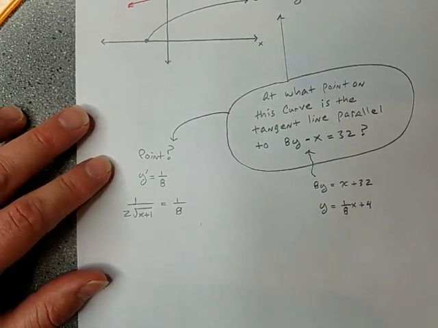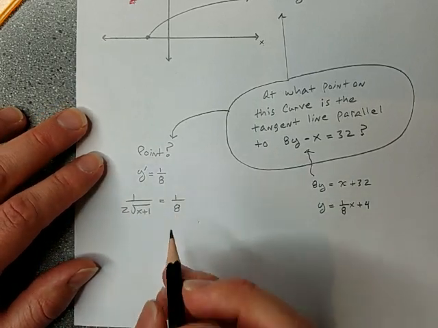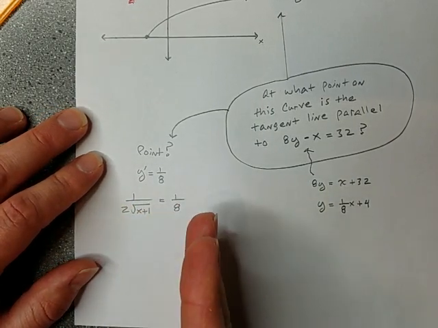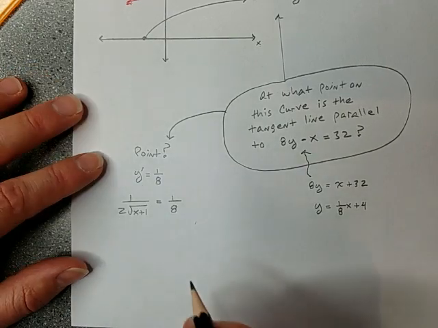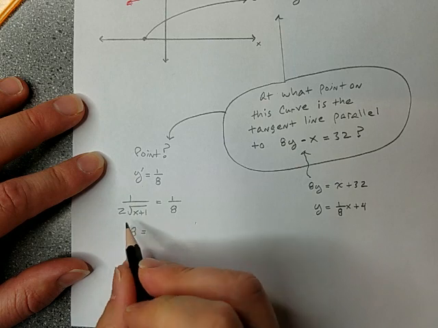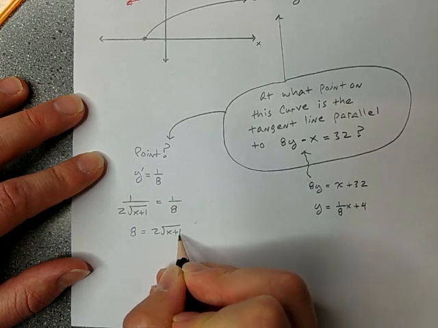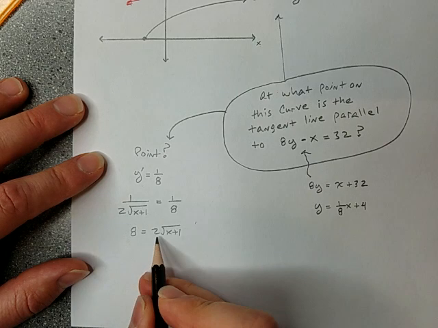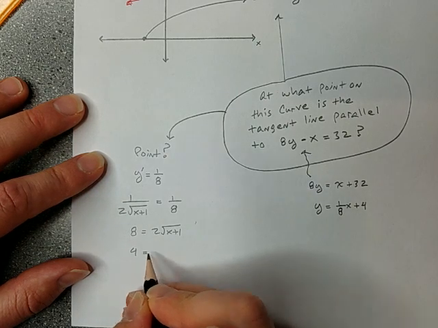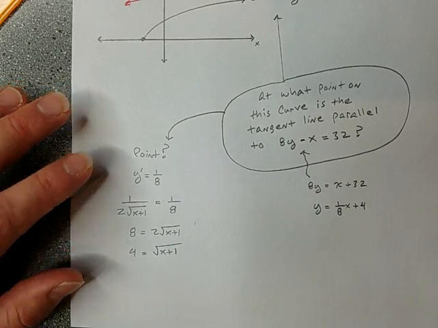All right, so for me to solve this, I would cross multiply because I have one fraction on each side, and that's the technique for solving such an equation. So I'll get 8 times 1, so I get 8, and then I get 2 root x plus 1 times 1. Okay, and then I'll divide both sides by 2, so I'll get a 4 here, like that.